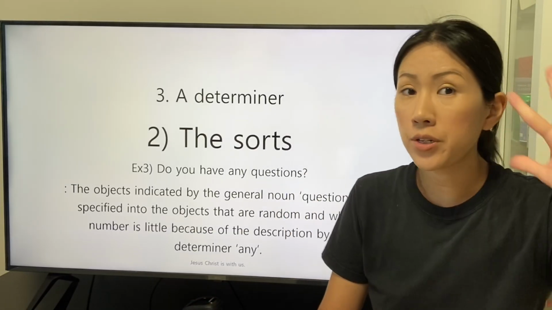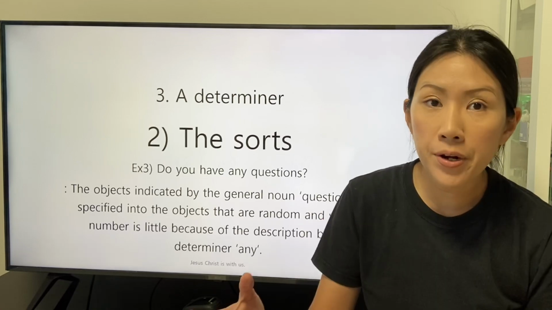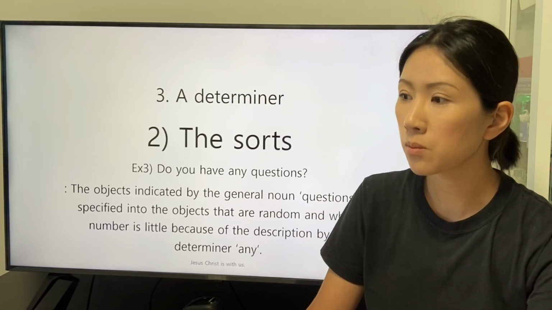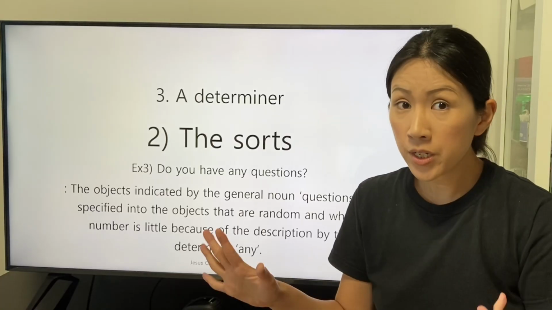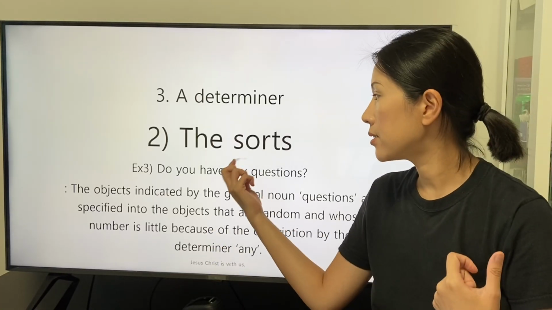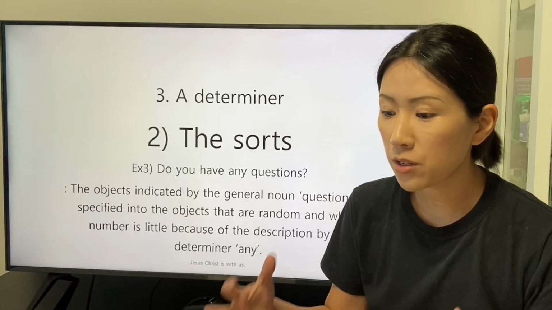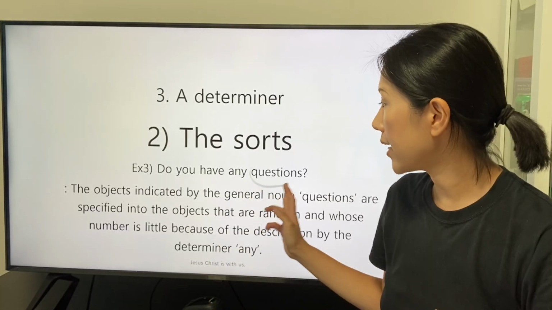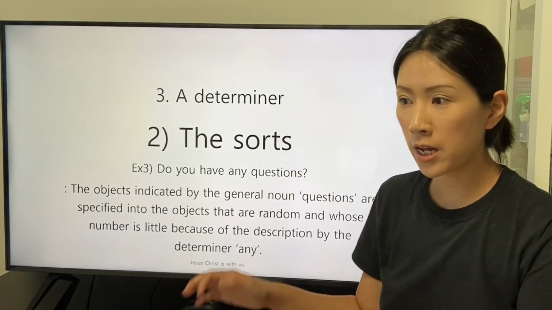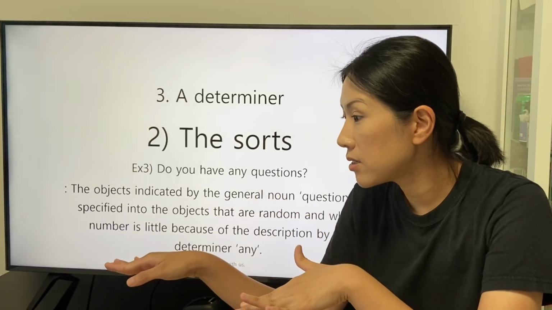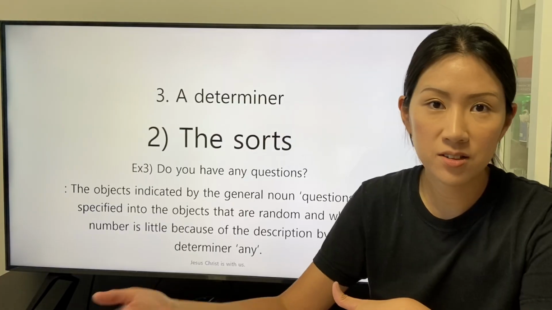There is the third clause stated in the interrogative clause. Do you have any questions? The speaker who applies the determiner any does not know whether the object indicated by the general noun question exists or not yet.